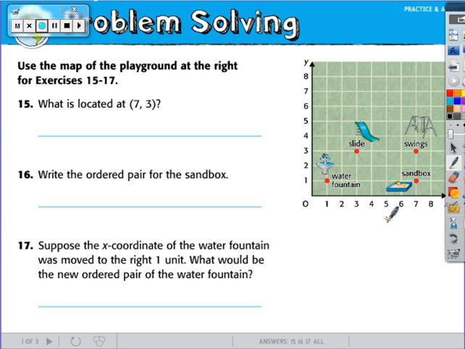They want you to know what is located at point 7, 3, or at the ordered pair 7-3. They want you to write the ordered pair for the sandbox, and they want you to suppose the x coordinate of the water fountain was moved to the right 1 unit. And then tell us what the new ordered pair of the water fountain would be.